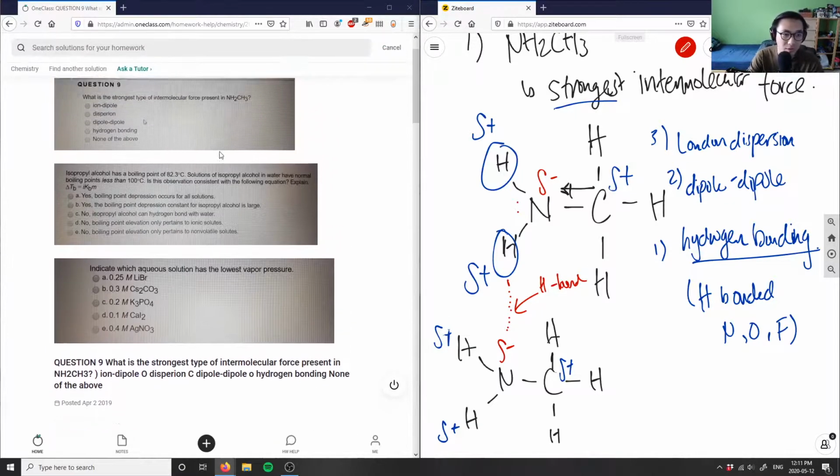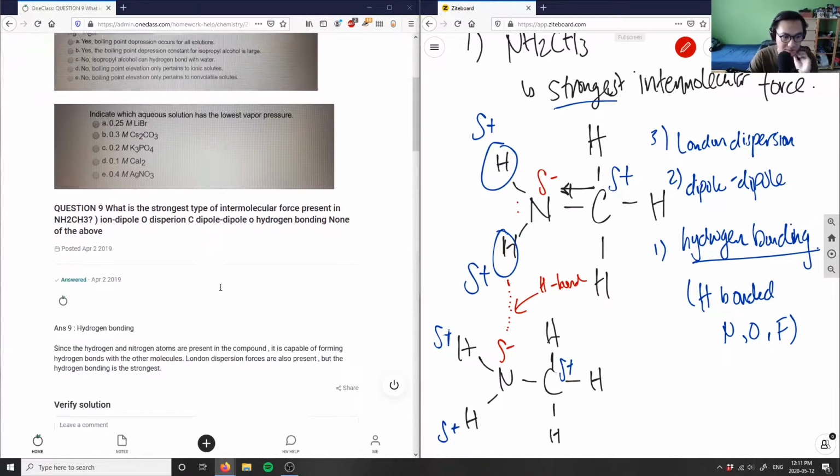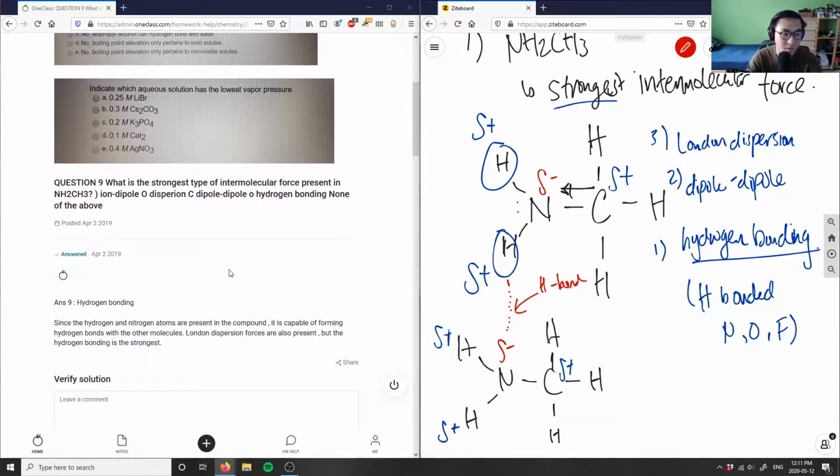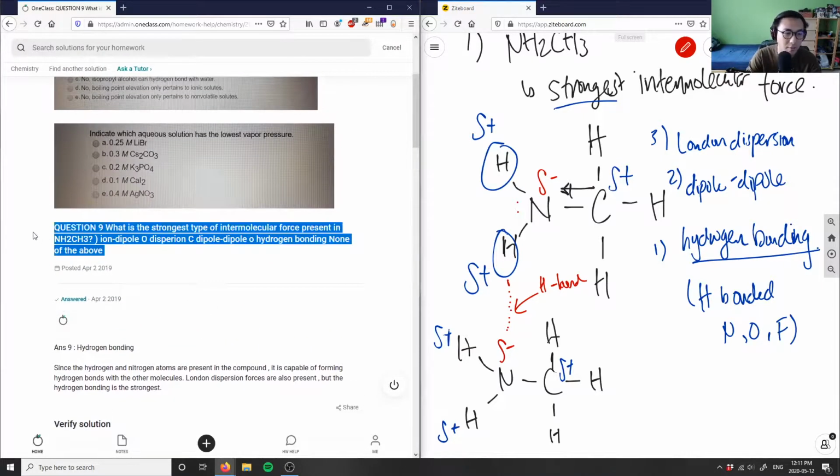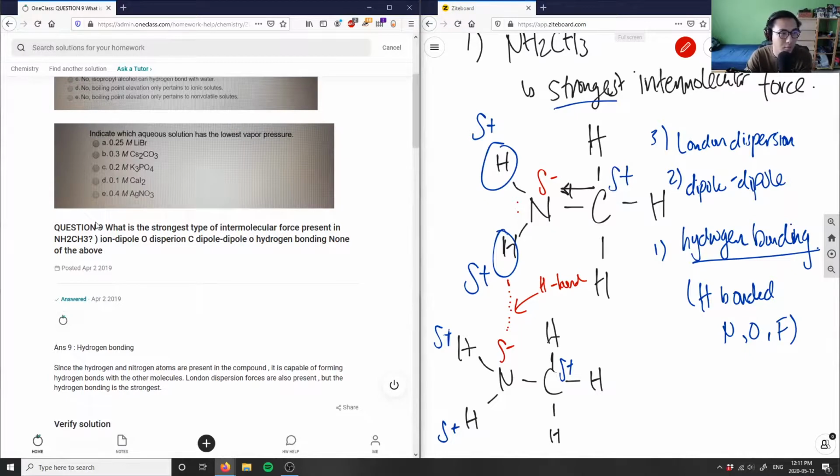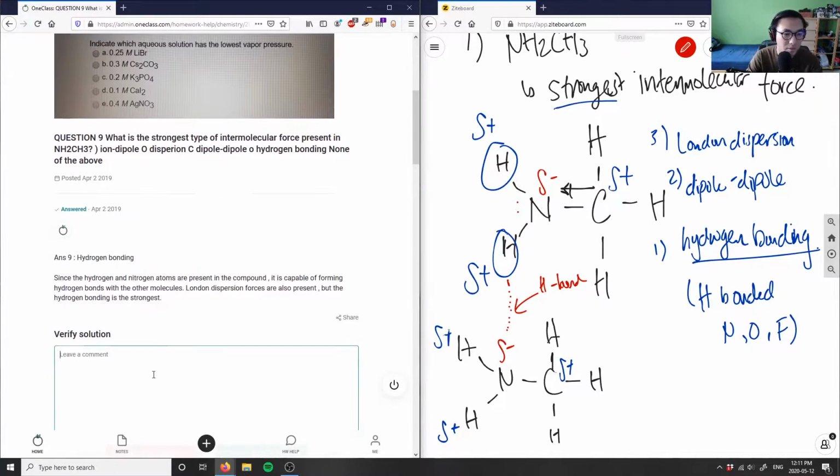Again, this person didn't verify the other solutions here. I'm not going to say the solution is incomplete, because this person was only asking question 9. They didn't ask us to do these 2 problems as well. So in this case, I'm going to say the solution is correct, because I'm assuming they're only asking 1 question.